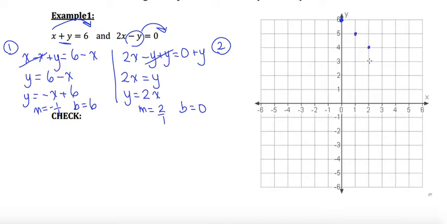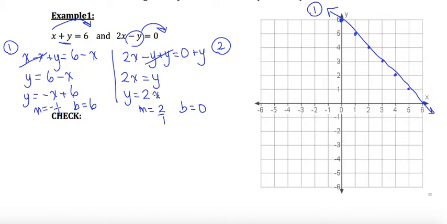I'm going to do that as many times as I can until I run out of room, because I don't know where my point of intersection is going to be. So I'm going to connect these points using a straight line. Ideally, you'd be using a ruler if you're at home, showing arrows to show that it goes on forever in both directions, and I'm going to label this as line 1.